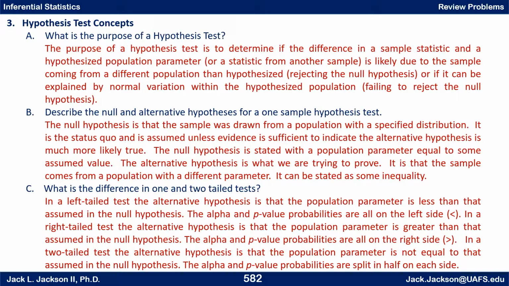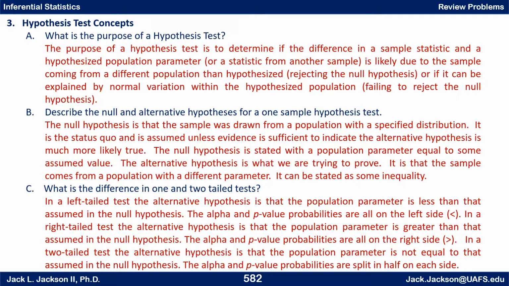What's the difference in a one- and two-tailed test? In a left-tailed test, the alternative hypothesis is that the population parameter is less than that assumed in the null hypothesis. The alpha and p-value probabilities are all on the left side, so it's less than. In a right-tailed test, the alternative hypothesis is that the population parameter is greater than that assumed in the null hypothesis.